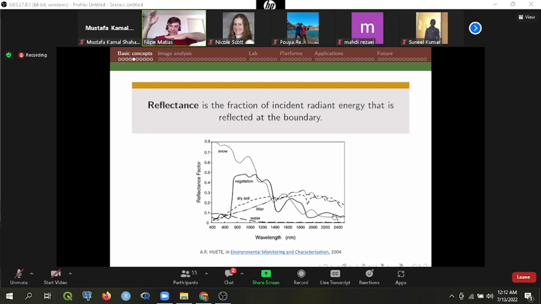So the radiation that is coming to this surface is not coming back and being captured by our sensors, which are collecting this information. Again, here we can see the dry soil, right? So the dry soil has this shape. And here on this full line, we have the vegetation, which has this profile.